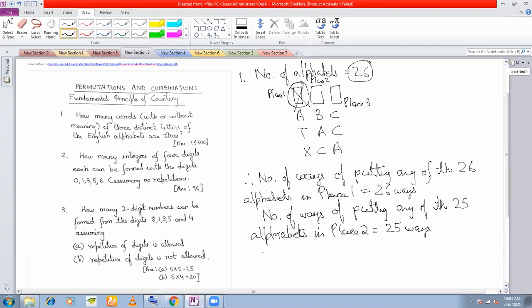And in place 3, 24 alphabets now left. Any of the 24 alphabets in place 3 is equal to 24.